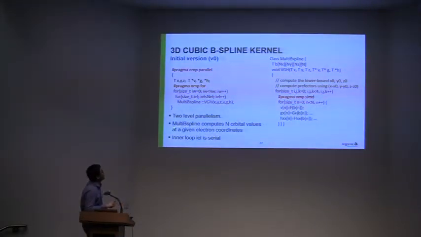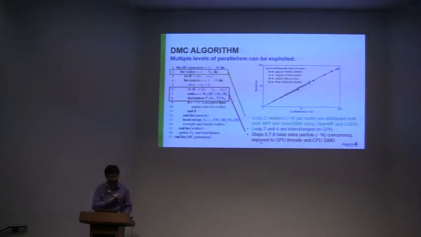So this deals with a single worker. However, in this implementation, you might notice there's an inner loop over IE, which is sequential. On the CPU side it's okay, but on the GPU side it's a problem.